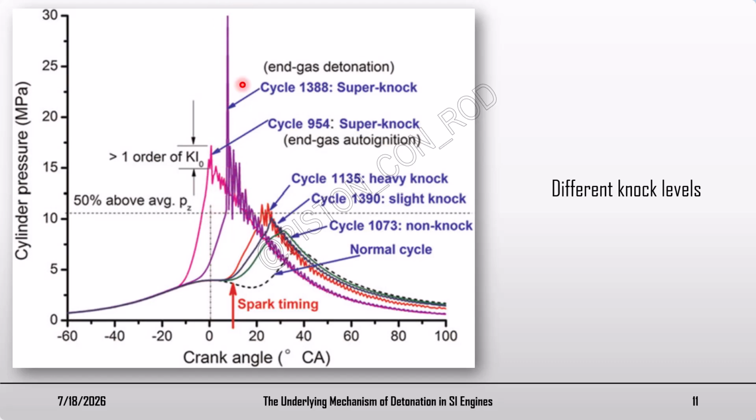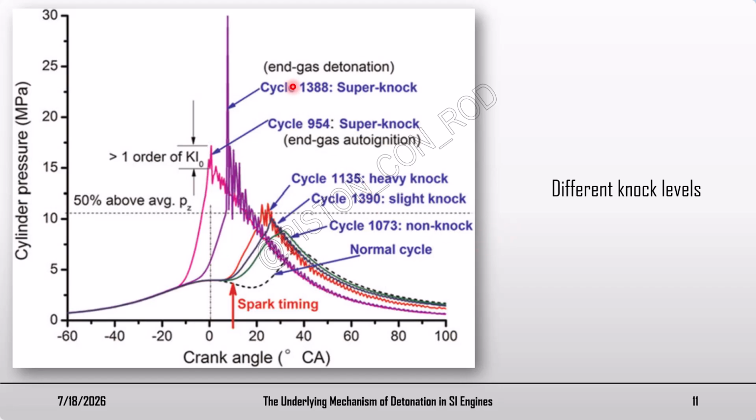As you can see, the cylinder pressure values are much higher with much higher oscillations. The normal combustion maximum pressure is probably around 70 bar, but this one here goes all the way to 300 bars. And definitely this one is going to be much more damaging to the engine.